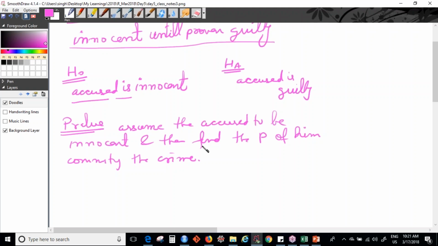What is the probability of his having his hands covered in blood? Of course, the probability will be very small, right? If your hands are covered in blood and there has been a murder, there is very little probability that your hands will suddenly, out of luck, get covered in blood, right? So that means you will reject your null hypothesis, so you are not innocent, that means.